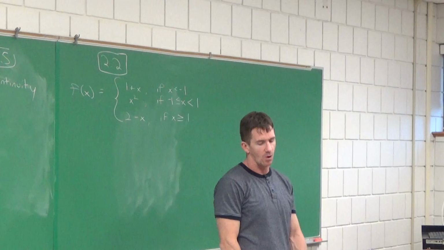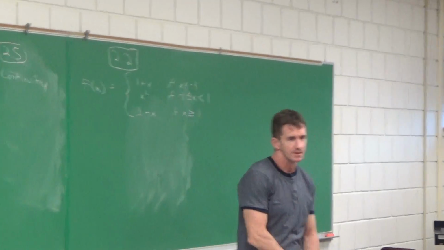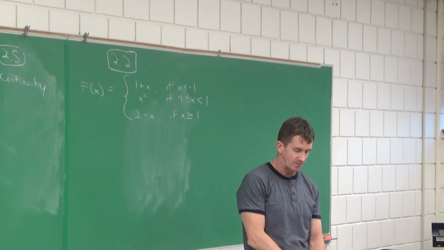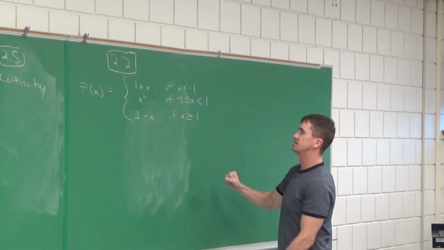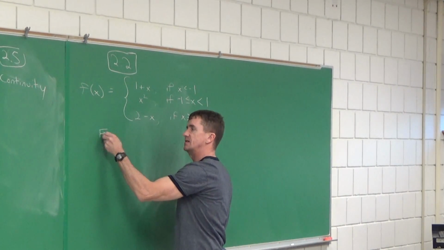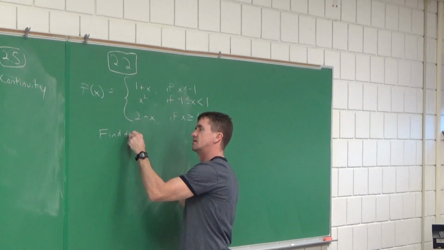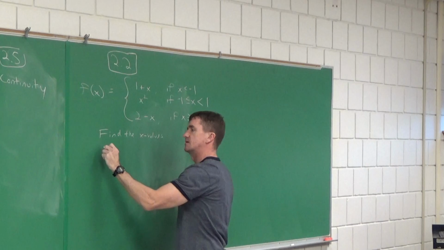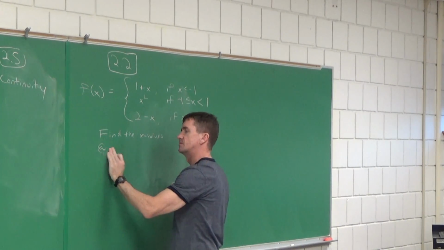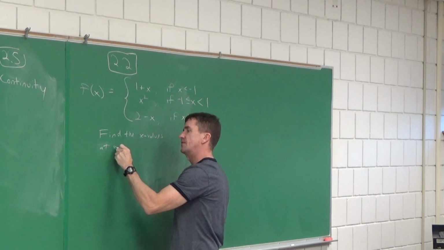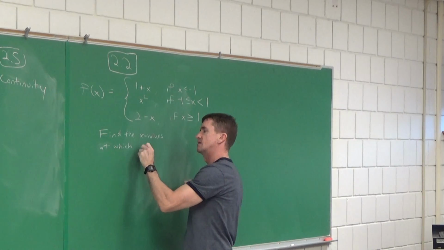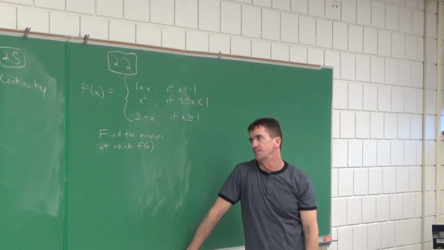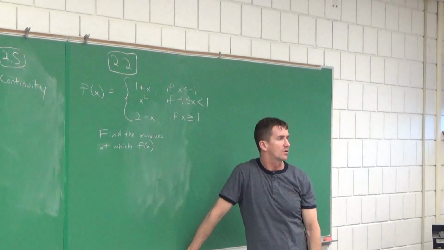But to get this going, what's an easy way to do this? Make a graph. So let's go ahead and make a graph of this. So let me just write this down. And when you and I have to find the x values at which f of x is not continuous. There's another word for not continuous. You can just call it discontinuous.